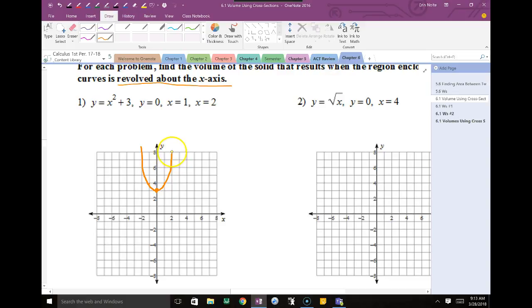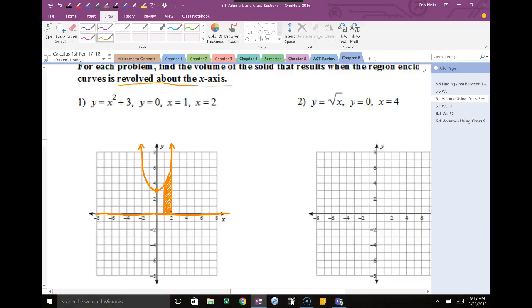Then I have the equation y equals 0, which is like the x-axis. And then I have the equation x equals 1, a vertical line at 1. And then I have another vertical line at 2. So here is this base space.